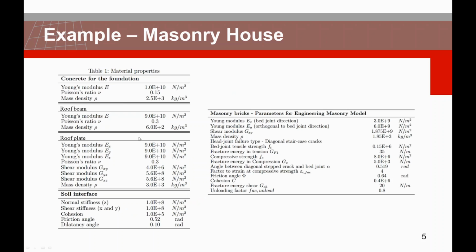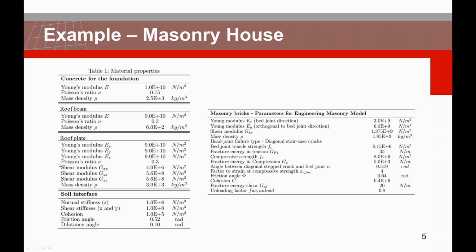Before starting the model, I just want to briefly introduce the material models that we are going to use. For the concrete foundation, we use a linear elastic isotropic model. For the roof beams, a linear isotropic model.